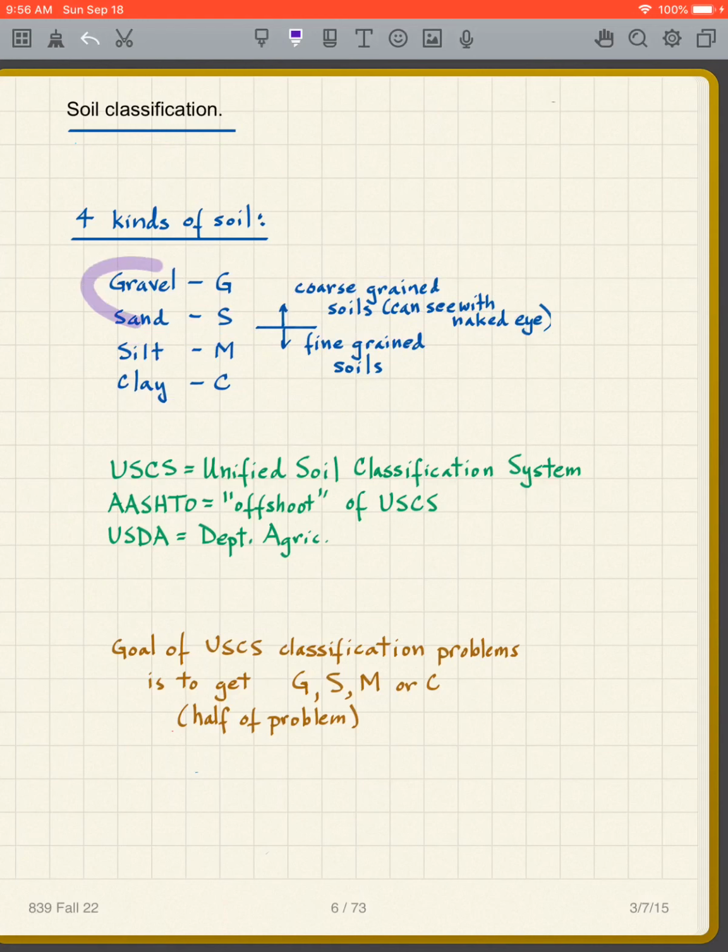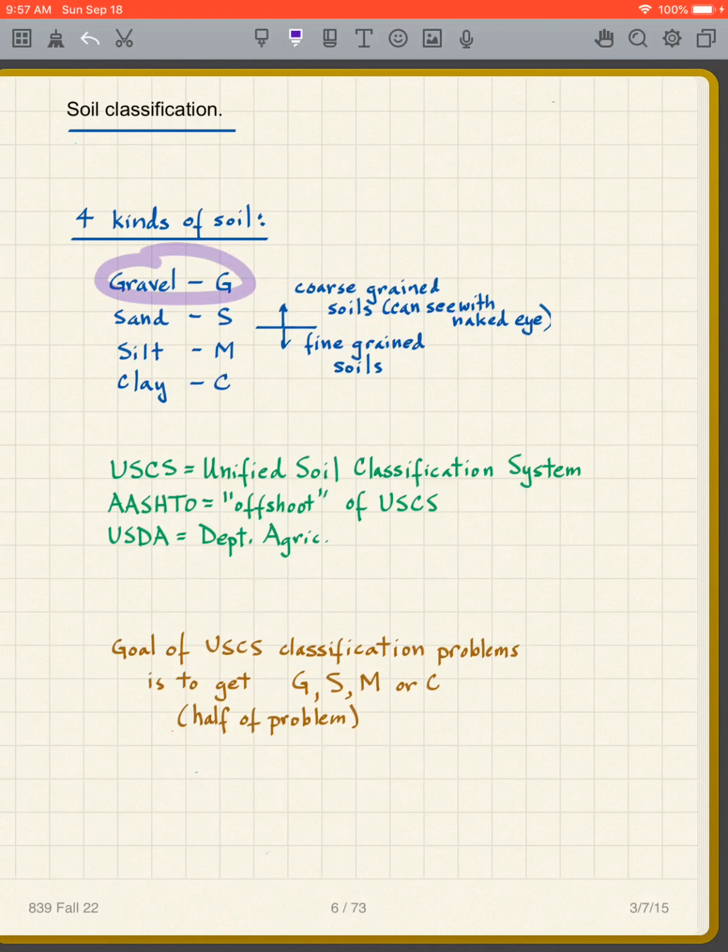So, the big particles, sand and gravel, coarse-grained soils; small particles, silt and clay, fine-grained soils. Now, don't get confused though. We will talk about fine sand. Fine sand means small sand particles. Coarse sand means big sand particles.